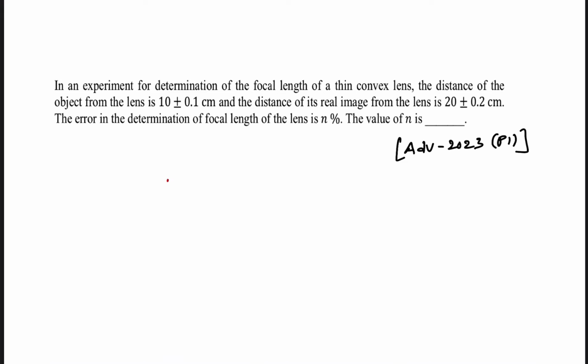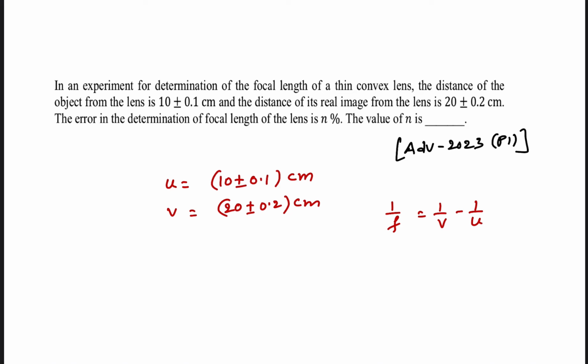Okay. Next one. In an experiment for determining the focal length of a thin convex lens, the distance of the object from the lens is given, u is equal to 10 plus or minus 0.1 centimeter. The real image distance v is given as 20 plus or minus 0.2 centimeters.